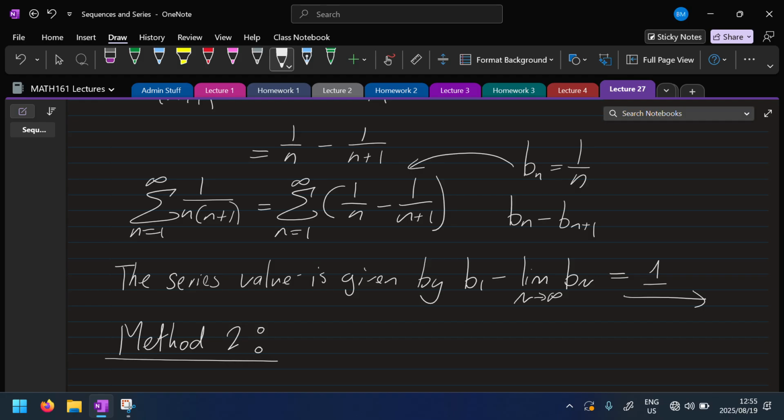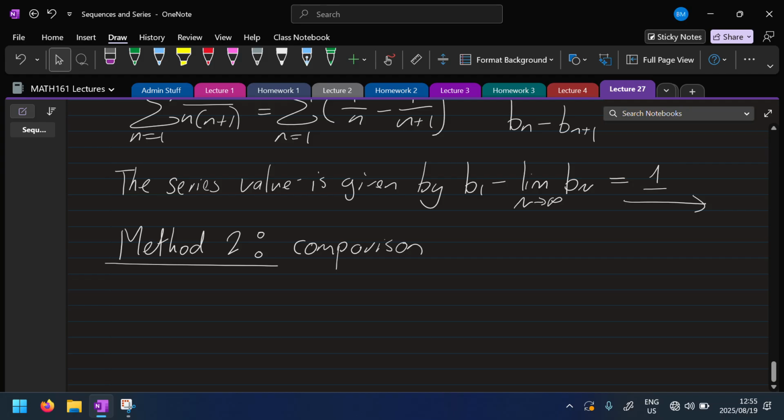We're going to try to compare this to something that we know. Okay, so we're going to make some sort of comparison with this. So let's look at the an term. So this is 1 over n(n+1). Okay, so we have something like that.